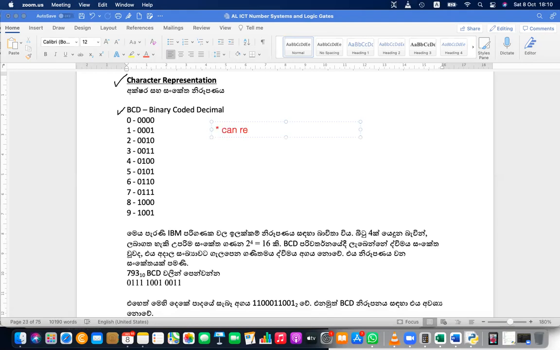Please write down these points: a 4 digit code, maximum 16 unique codes.